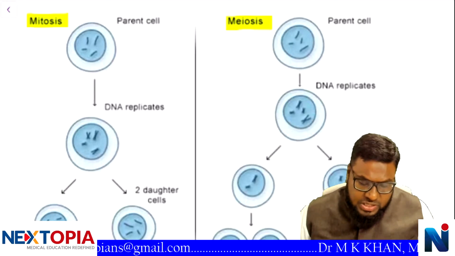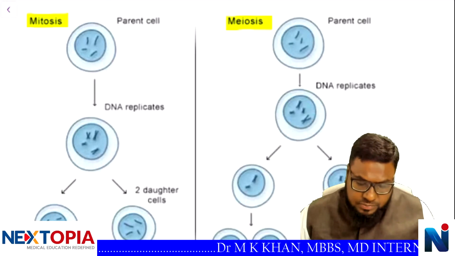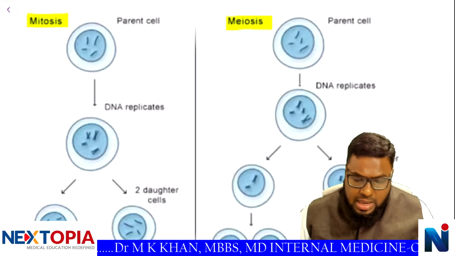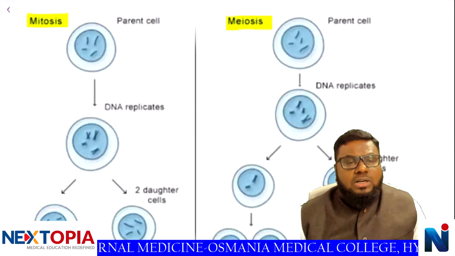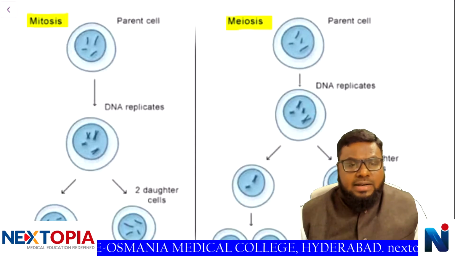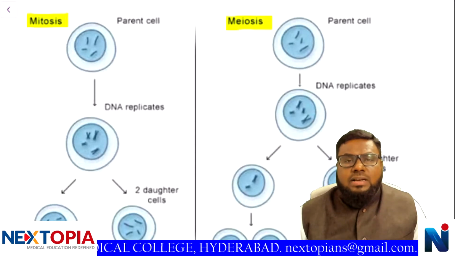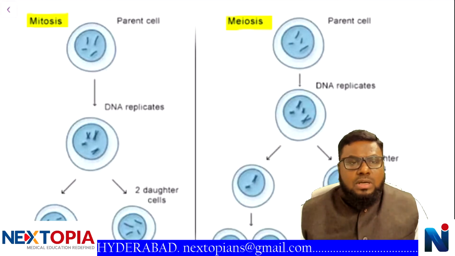Mitosis is division of cells into two daughter cells. The daughter cells, in turn, have their own activity and they are ready for another division.